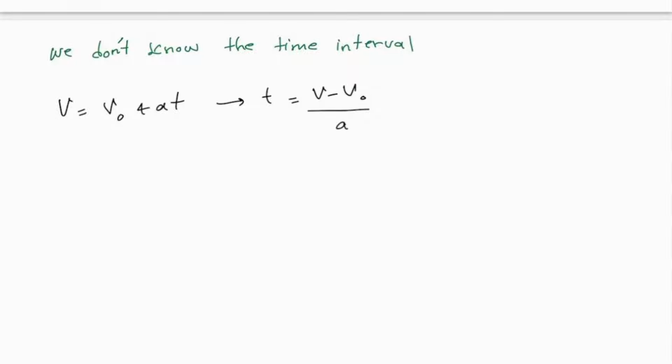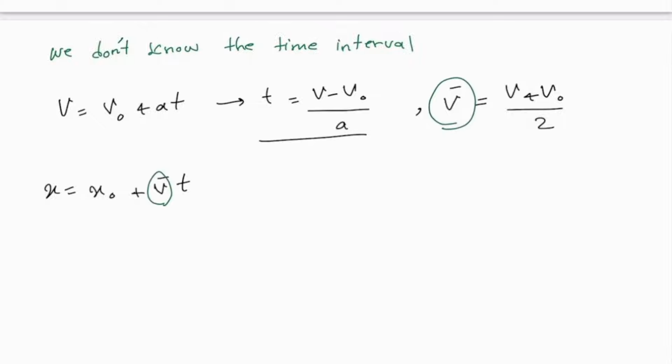Next, let's substitute t and average velocity, which is v plus v0 over 2. Let's substitute this into x equals x0 plus vt. So we're going to substitute this here and substitute this here.